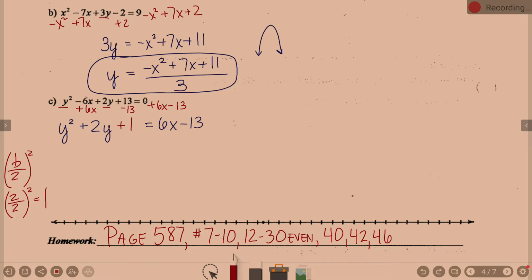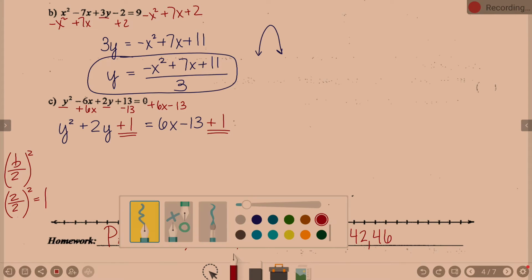I'm going to add 1 on the left to complete the square. If I add 1 on the left, you add 1 on the right. We want to keep both sides balanced. We're working on opposite sides. When you're working on just one side of the equation, you add and subtract on just one side. But since I'm working on both sides of the equation, what I do to one side, I do to the other side.